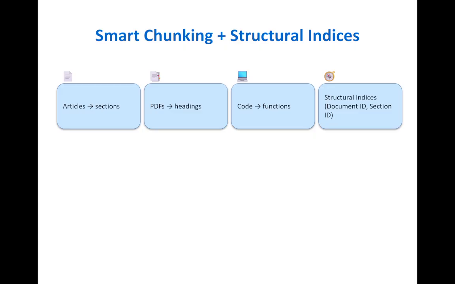Similarly, for a Word document, you can break it at level one heading, level two heading, and so forth. All these tools are available these days. For a PDF document, you may have to use a PDF reader and chunk it using the PDF chunking technique. For code, it could be functions, and so on and so forth.